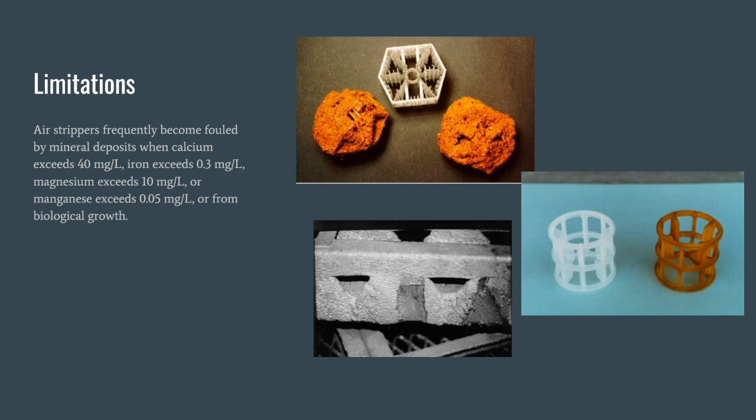Air strippers may become plugged with a solid that must be removed. Packed column air strippers must either have the packing removed for cleaning, or the packing must be washed with an acid solution. Both operations are time-consuming and costly.